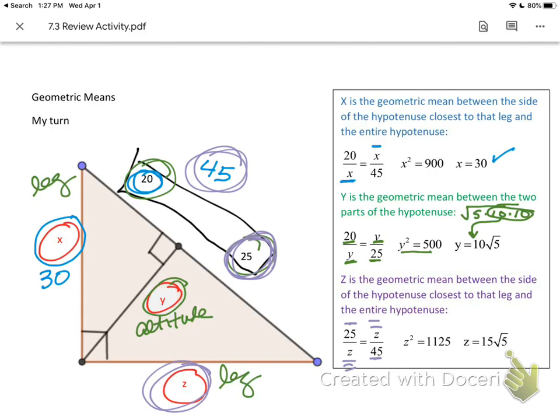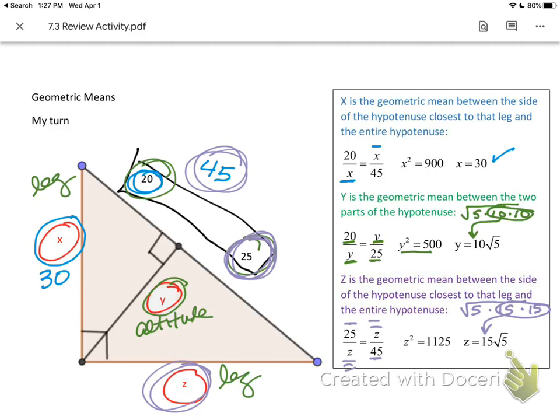Z squared equals 1125, and what I realized was I had 5 times 15 times 15, because that was 225, and that came out as a single, and that's how I got 15 root 5. Okay, so you can go back and play that again, because there's a lot of steps here.